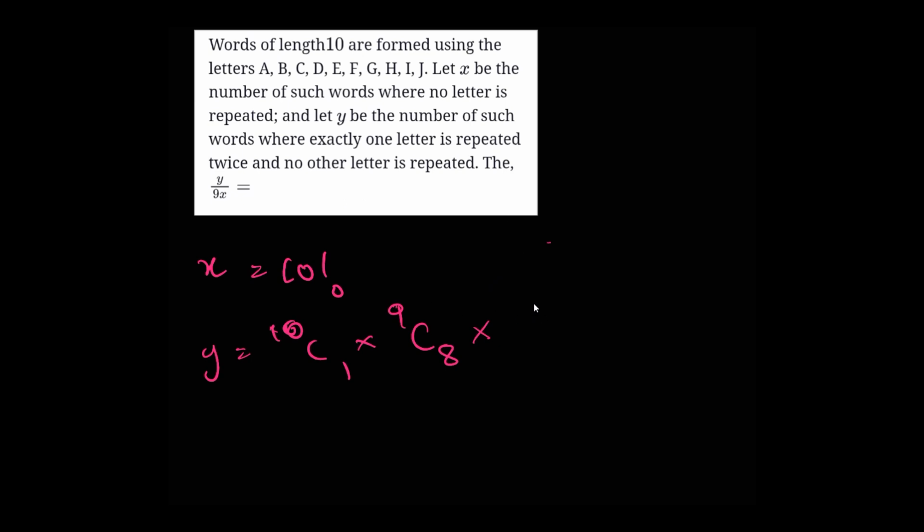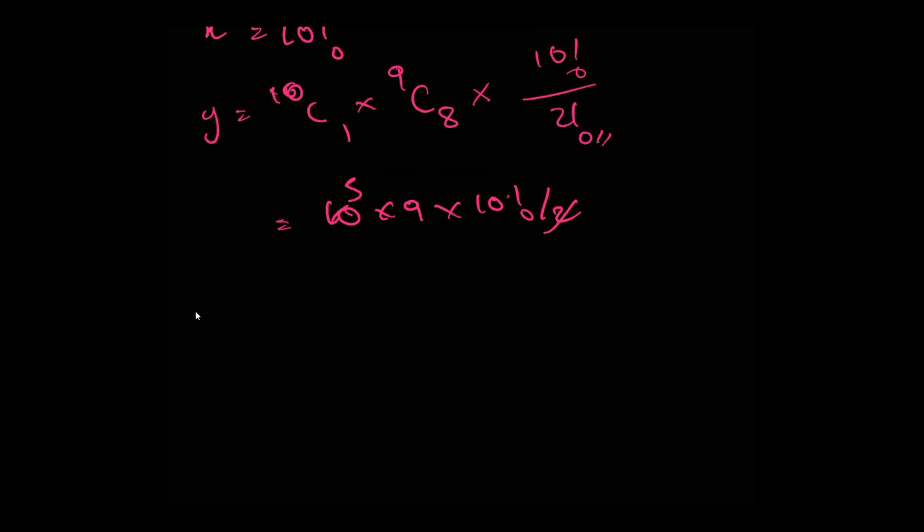That will be done by 10 factorial by 2 factorial ways. That will be 10 into 9 into 10 factorial by 2, 5 times. That implies Y equals 5 into 9 into 10 factorial, that implies Y equals 45 into 10 factorial.